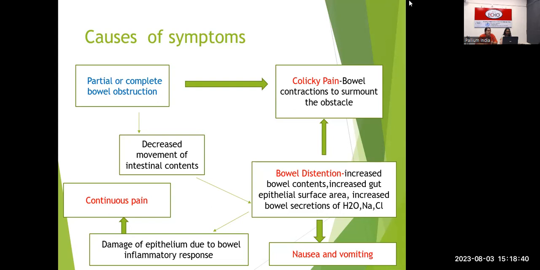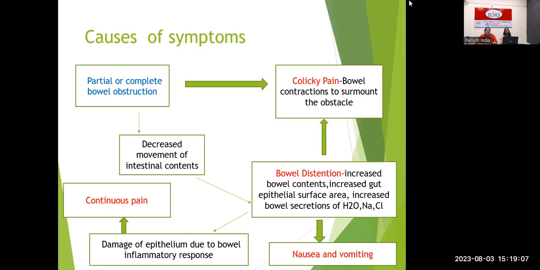You can have high volume vomitus. You'll be passing some amount of fecal matter and flatus, and you'll get bowel sounds when auscultating. In complete obstruction, he won't be passing any stool at all, or maybe the patient will have a very continuous type of pain. The amount of vomitus can be less. Even that is possible.